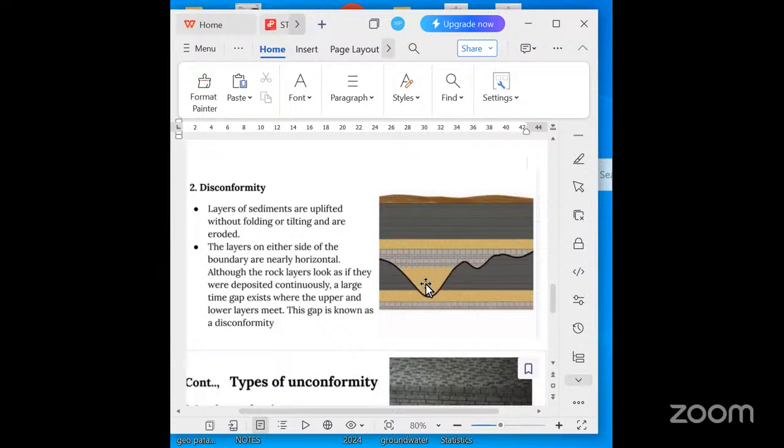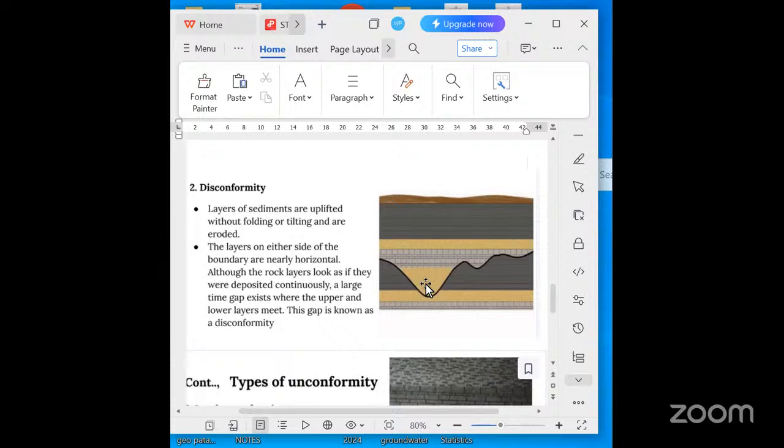The non-conformities are to be distinguished from intrusive igneous contacts. In non-conformities, the rocks above usually contain fragments of the older igneous rock, right? In some cases, the plutonic rocks may seem to grade into the overlying strata through arkose, which may be many feet thick, right?